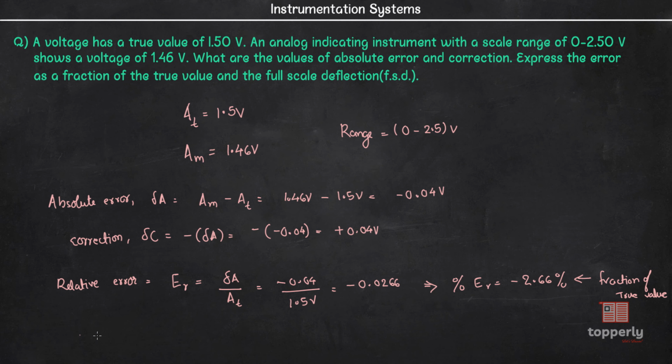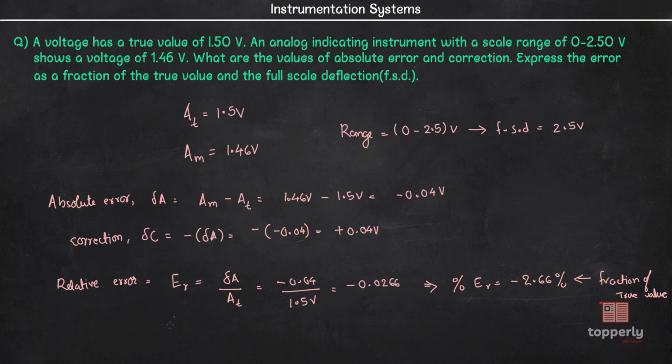Now this error can also be expressed as a percentage of full scale deflection. We know that the range of the instrument is 0 to 2.5 volt. Therefore, full scale deflection FSD is equal to 2.5 volts.